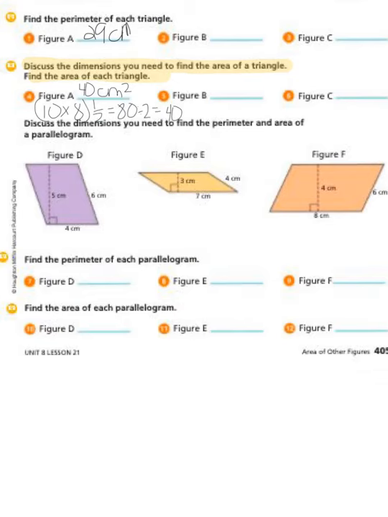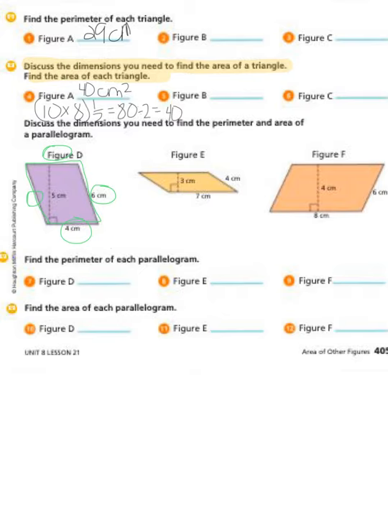So using what we practice with triangles, they want you to find the perimeter and the area of the parallelograms. Parallelograms are just like rectangles, but they're kind of pushed a little bit to the side. So the perimeter would be the amount of space around that rectangle, or parallelogram, excuse me. Those numbers. Now remember, this number here is the same as over here, and this number here is the same as what would have been up there.